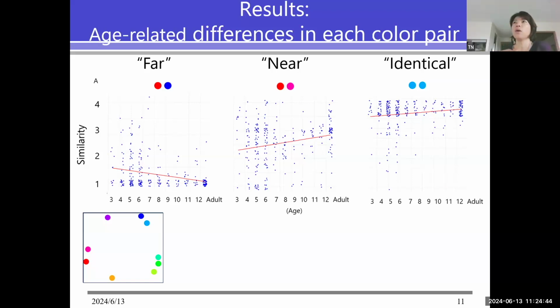So for example, if you take the color samples from only blue to green and yellow, and compare the answers between kids and adults, you may see a difference. Yeah, that's interesting.